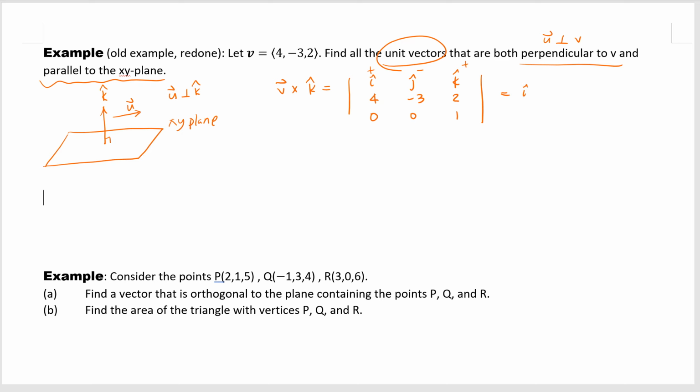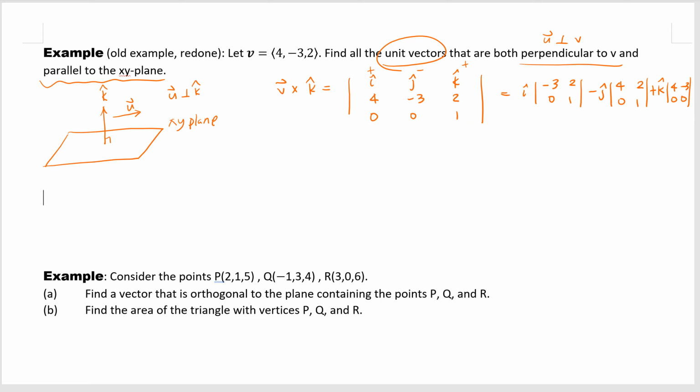So we have i times the determinant of the submatrix negative 3, 2, 0, 1, minus j times the submatrix 4, 2, 0, 1, plus k times the submatrix 4, negative 3, 0, 0.